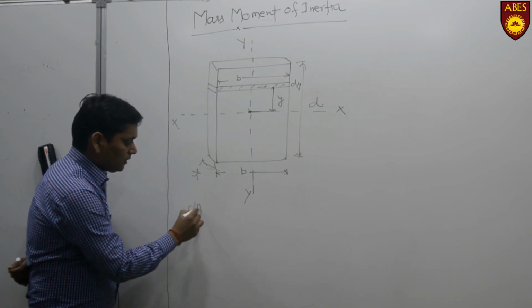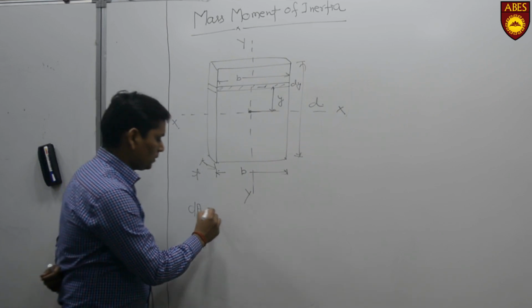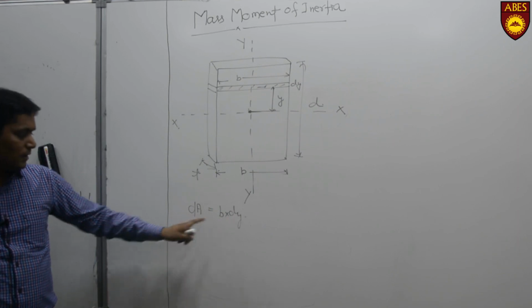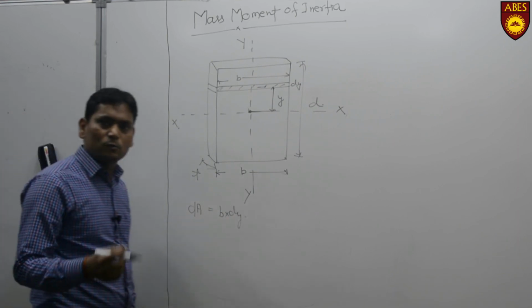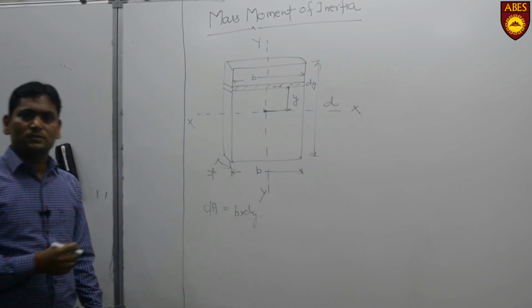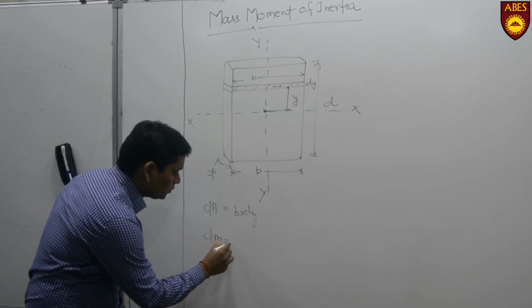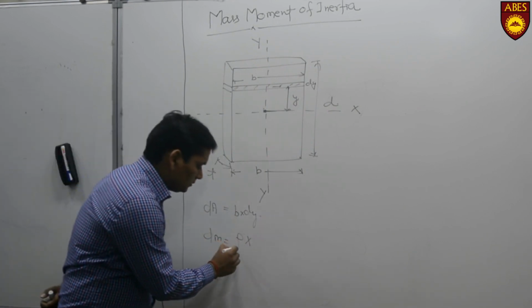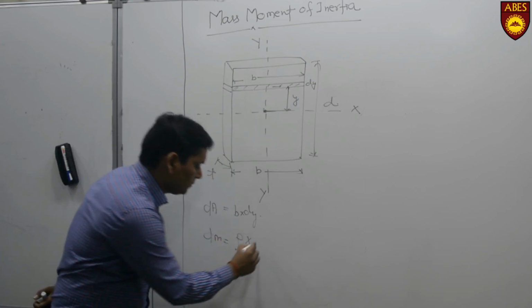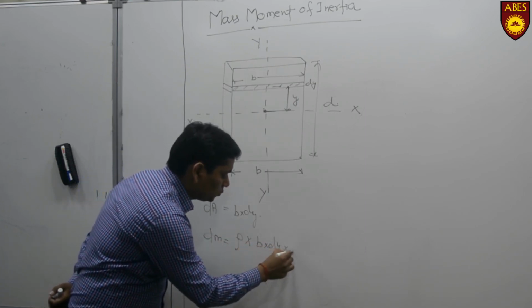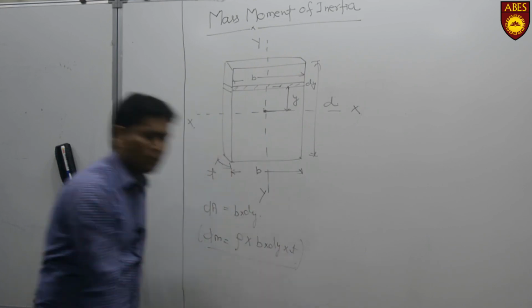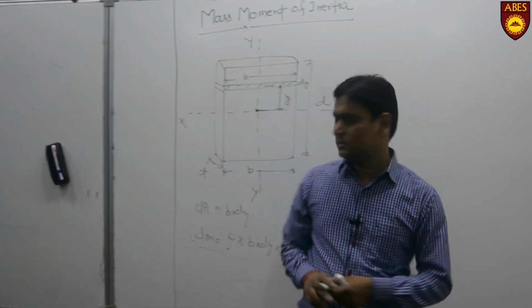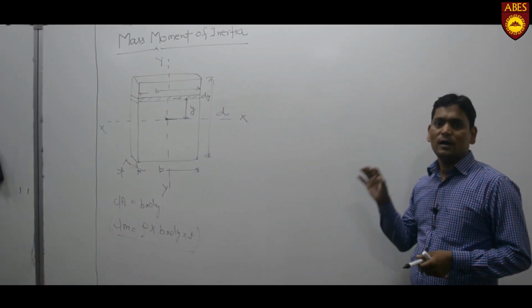Now we will calculate the area of this strip, which will be b into dy. Now we will calculate the mass of this strip. dm equal to density into volume of this strip, where density is rho and the volume of this strip is b into dy into t. Now we will calculate the mass moment of inertia of this strip about the x axis.